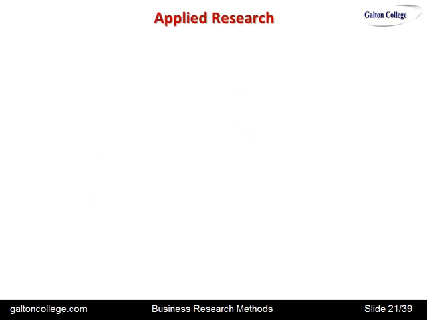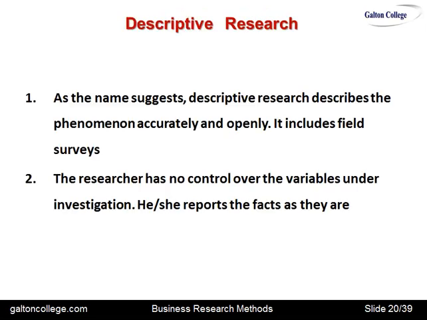I should say, by the way, about descriptive research, just go back for a moment. On that last point about the researcher just describing what he or she sees, that's in a sense a bit like journalism. Journalists should really describe what they see and describe it accurately. So it's descriptive research.